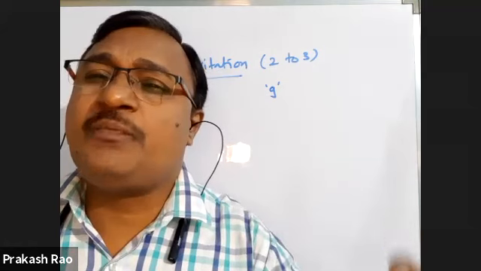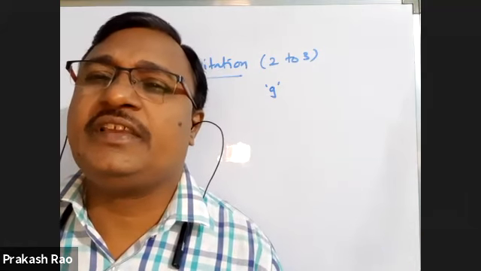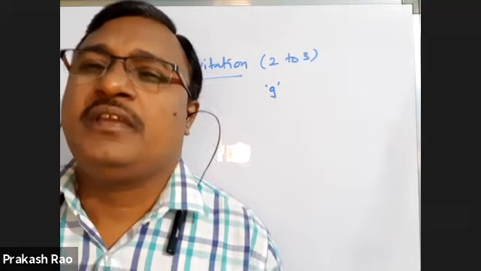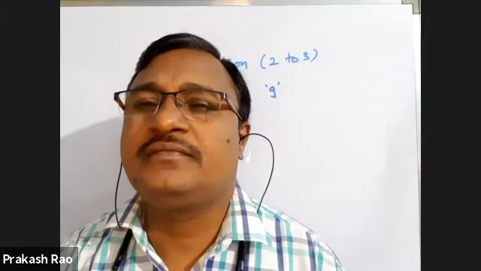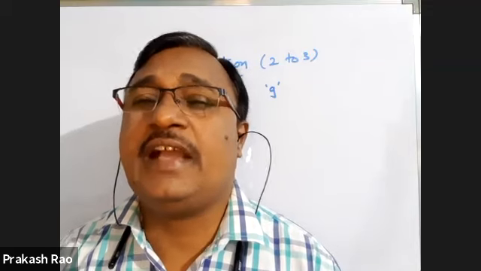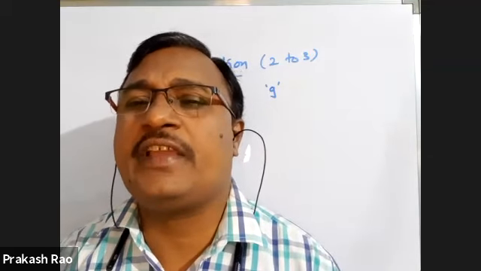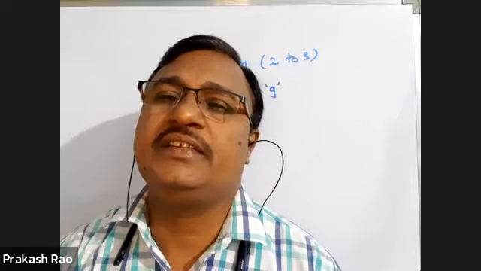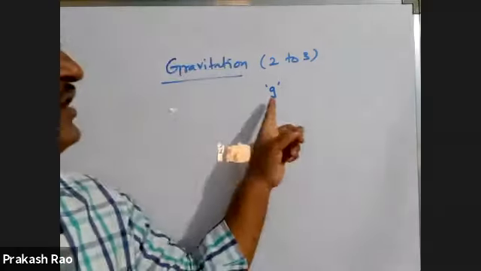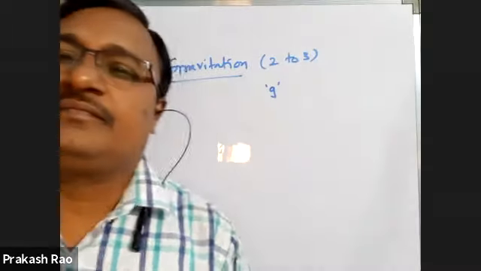The gravitational pull towards the center of the earth creates acceleration in the body. When there is a force on a body, then there will be a certain acceleration. The acceleration produced in the body towards the center of the earth is called acceleration due to gravity, and it is denoted with the letter small g.